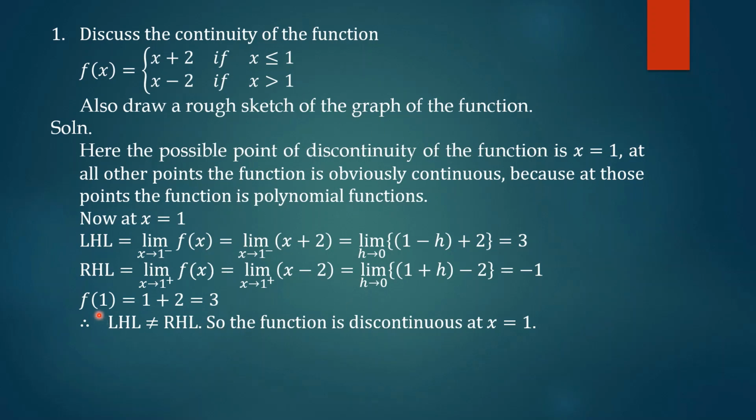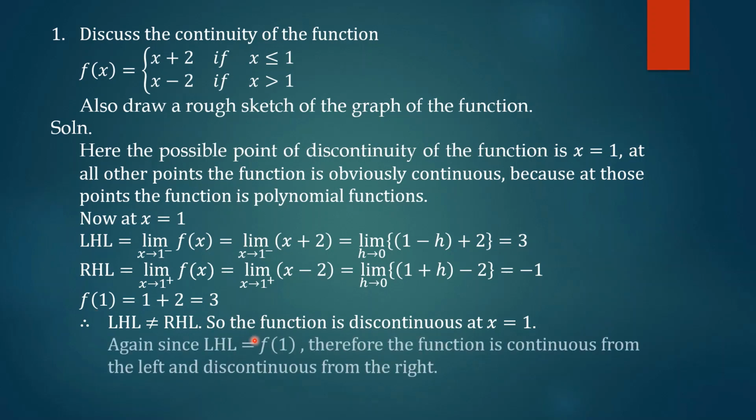That is why we have obtained f(1) also. So you write here again, since the left hand limit is equal to f(1), this left hand limit is 3 and f(1) is also 3, therefore the function is continuous from the left and discontinuous from the right.